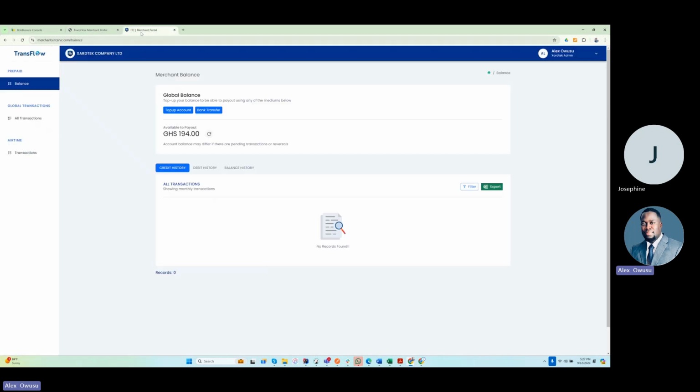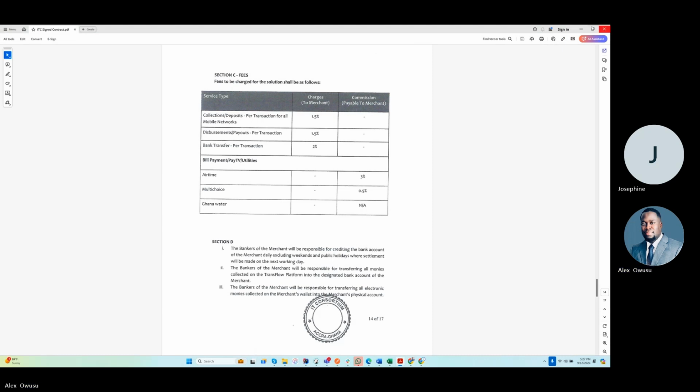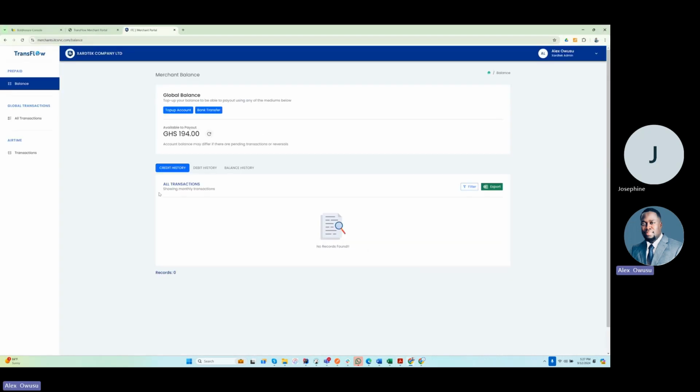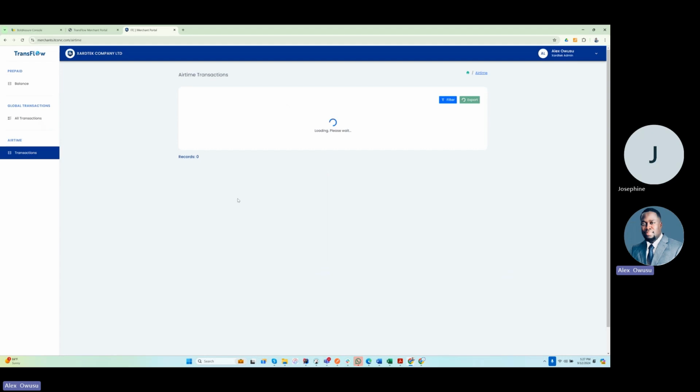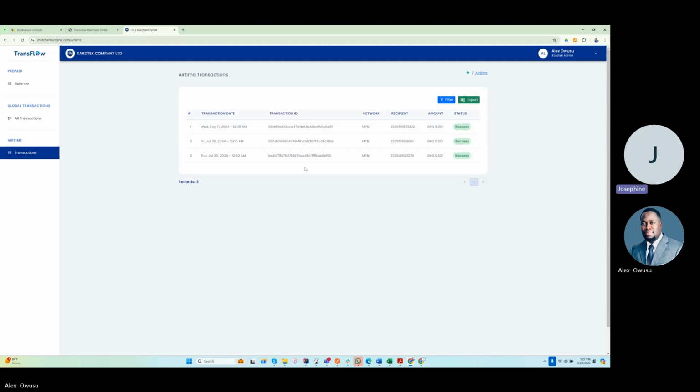Yeah, so basically, if we do airtime, this balance will reduce, right? So one of the open questions for airtime is, okay, that 3% commission that we agreed on, how are you going to pay us, right? Because we've done some airtime transactions. You see that? They haven't deducted the money from the account, right?